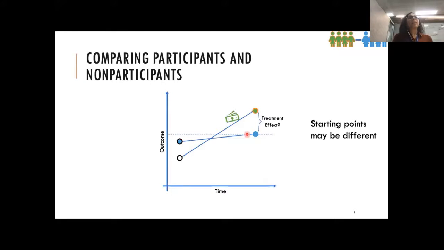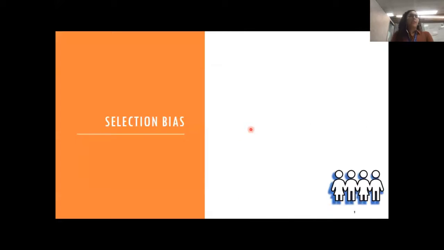So is this actually the treatment effect if one of the groups started with an advantage? Again, the problem is that this is not exactly what we want to measure. What we want to measure is the effect of the treatment had the treatment not happened. So that is the problem of the counterfactual.